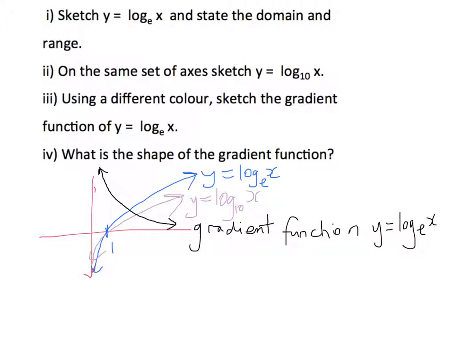It looks very similar to y equals 1 on x in the first quadrant. So the shape of the gradient function is a hyperbola. And so when we start differentiating log functions, please remember that the gradient function is a hyperbola.